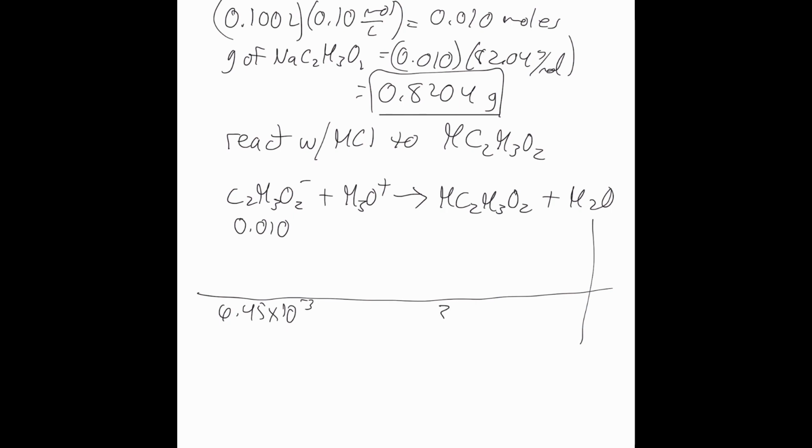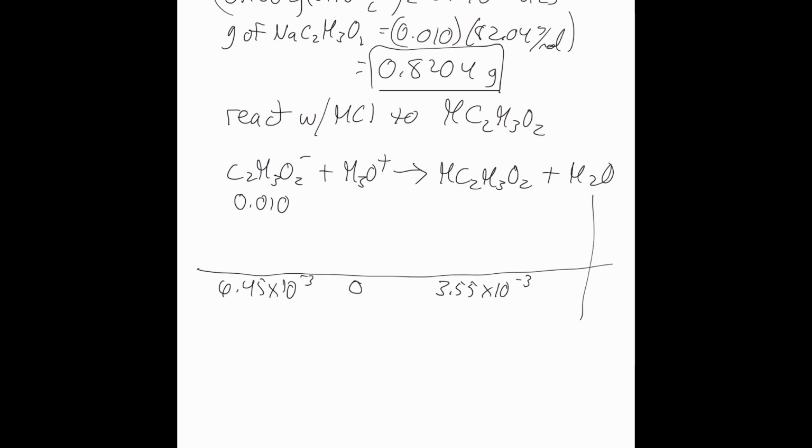And we need acetic acid to be 3.55 times 10 to the minus 3 after we've done this reaction. And of course we need H3O plus to be 0, otherwise the pH would be very low.